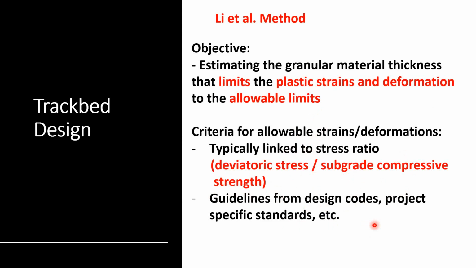And with guidelines, you have numbers to start with, but sometimes they are more stringent than needed, or sometimes they are a bit loose. So you need to check what your guidelines are, and the criteria that you need to pick your allowable strains and deformations.